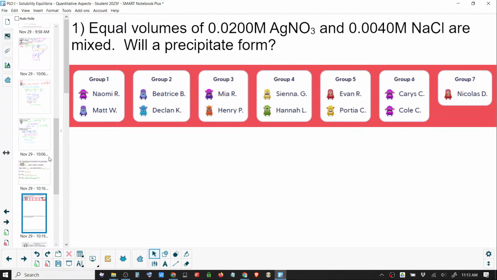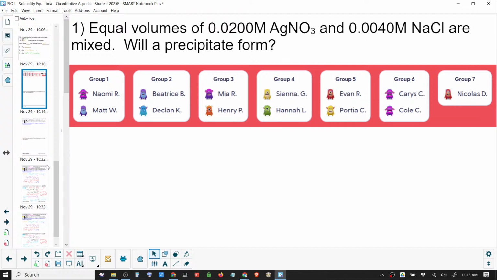Let's get rid of that. When in doubt, write a chemical equation.